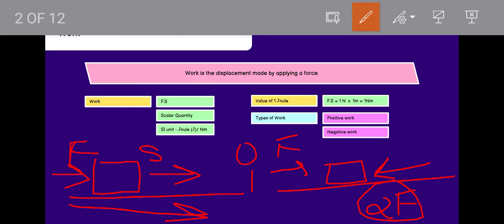So the object will move in this side, which is opposite side of my force. So therefore, for me who is standing here, I am applying the force on this side and the object is displacing on the opposite side of the force. So this is negative work.